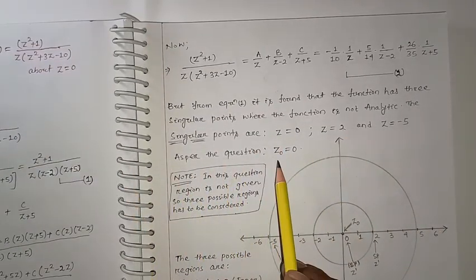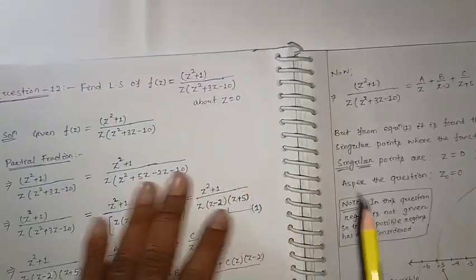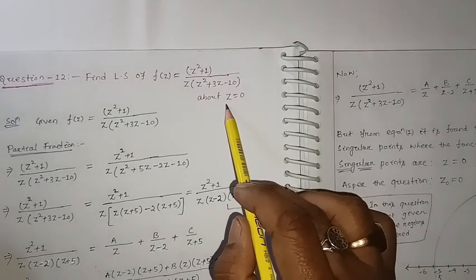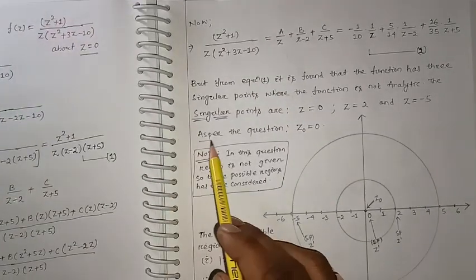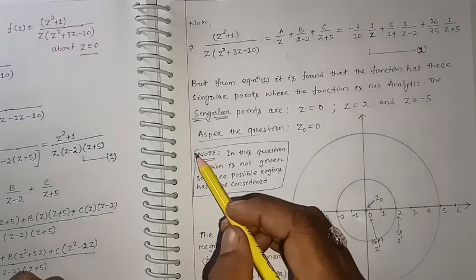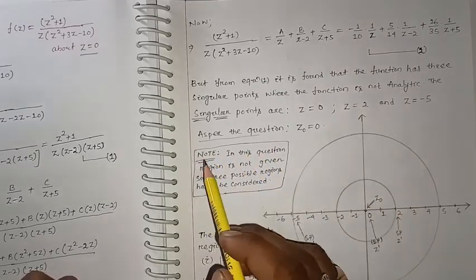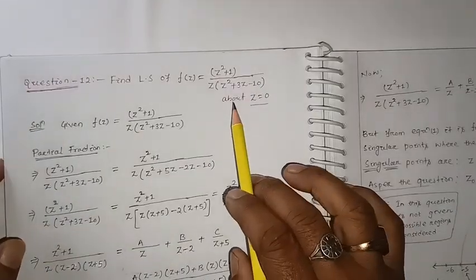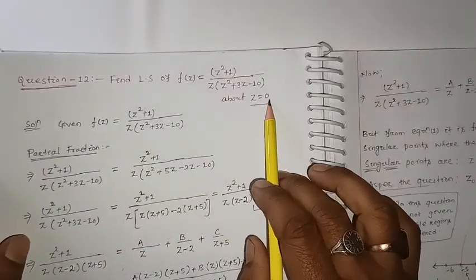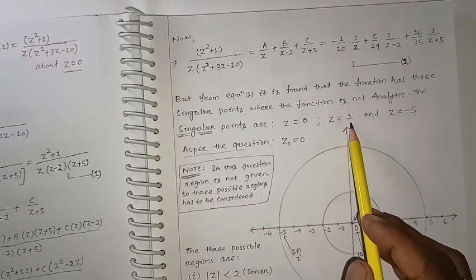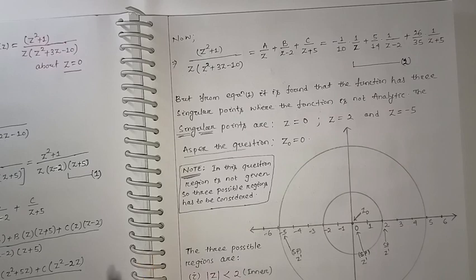As per the question, z0 equal to 0, because we have to find the Laurent series of this function about z equal to 0. Here I wrote one thing in the box as a note that you have to remember. This is one particular type of question where z0 equal to 0 is given, but we found three singular points, 0, 2, minus 5, where the function is not analytic.